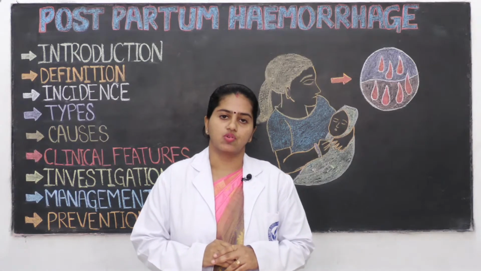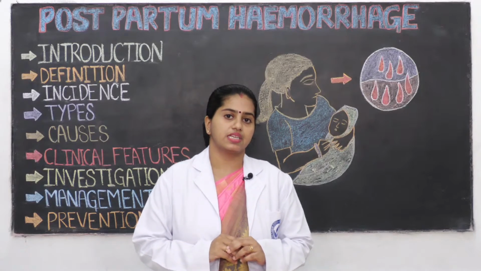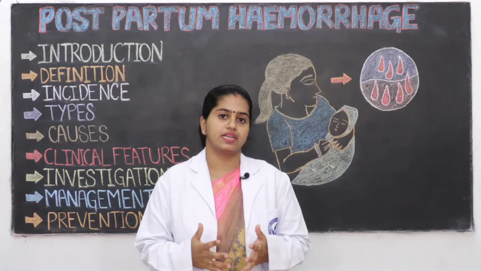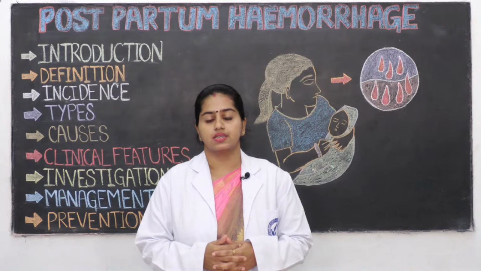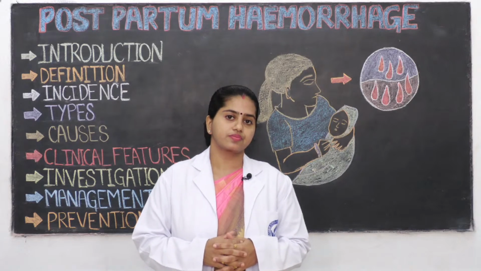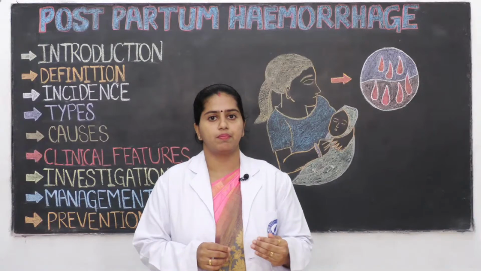Next, we will discuss the clinical manifestations. According to the blood loss, the revealed type of blood loss, the woman will have signs or symptoms. It's mainly signs we can elicit. The woman has vaginal bleeding.